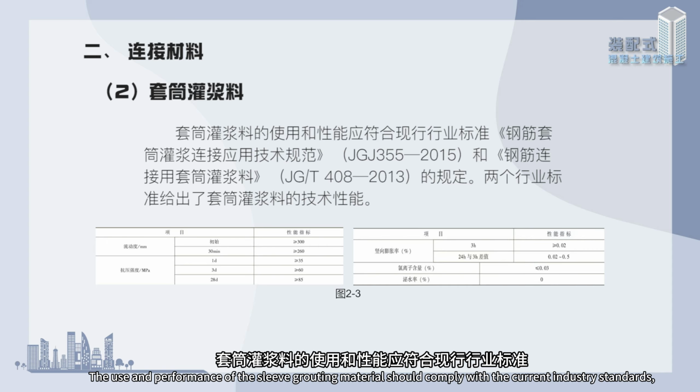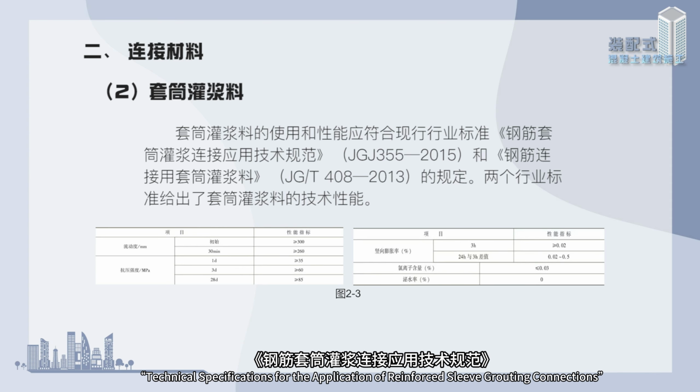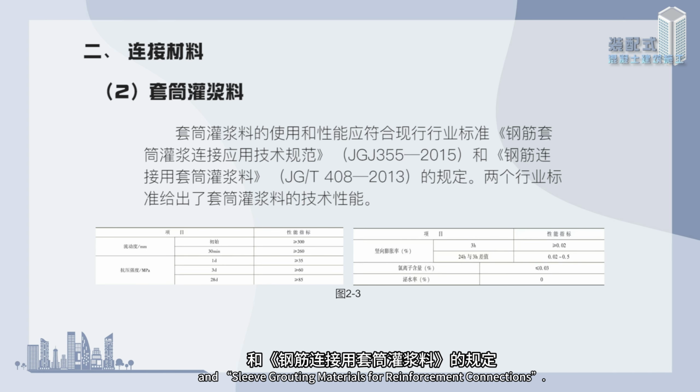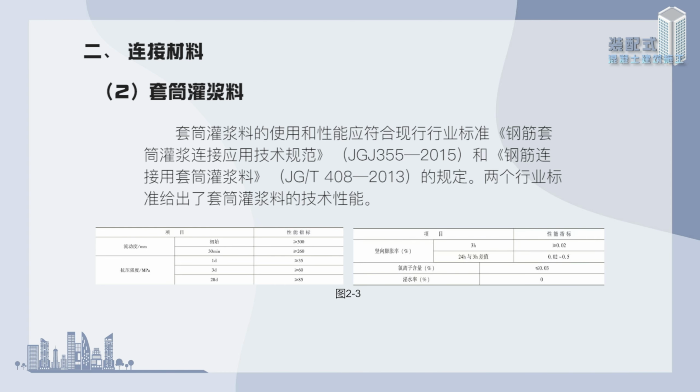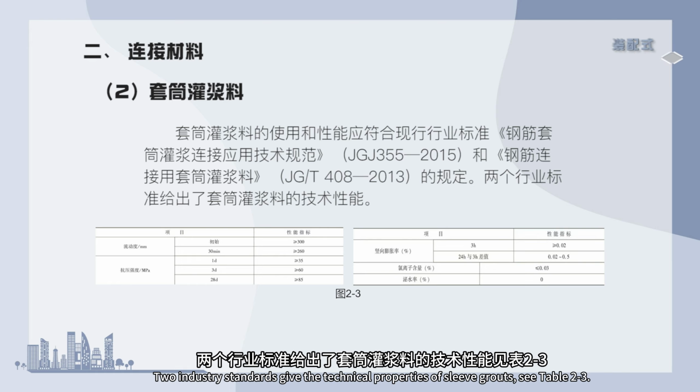The use and performance of the sleeve grouting material should comply with the current industry standards, technical specifications for the application of reinforced sleeve grouting connections, and sleeve grouting materials for reinforcement connections. Industry standards give the technical properties of sleeve grouts. See Table 2-3.